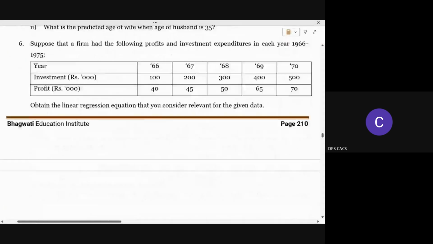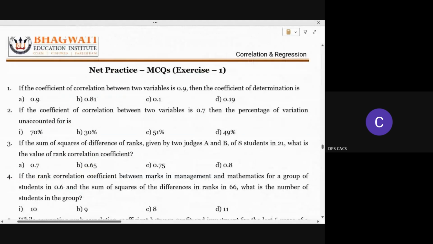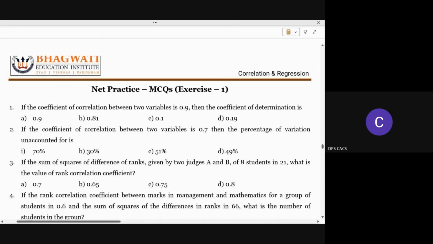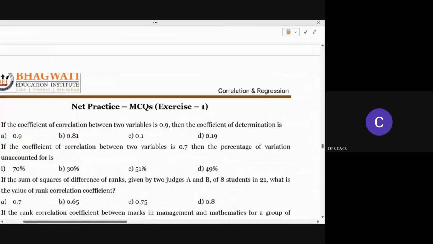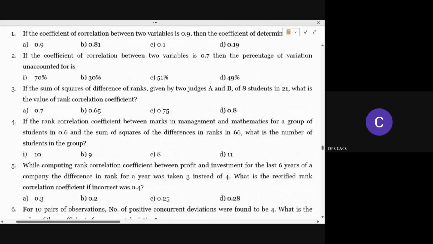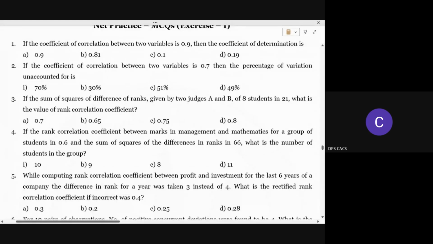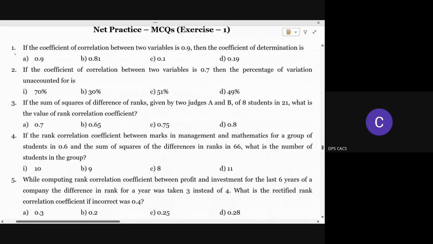Okay, I'm giving you some homework. Page number 212. Question number 1.